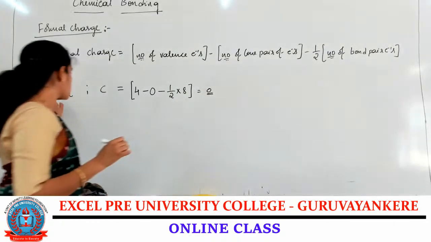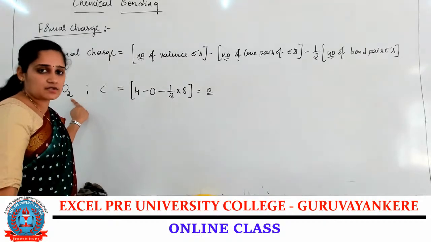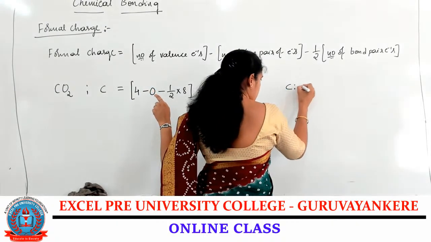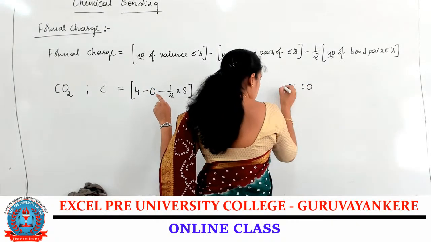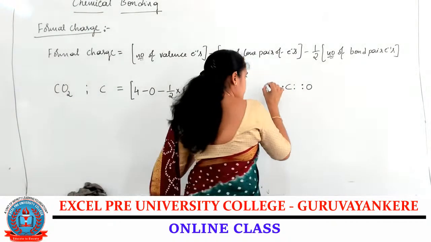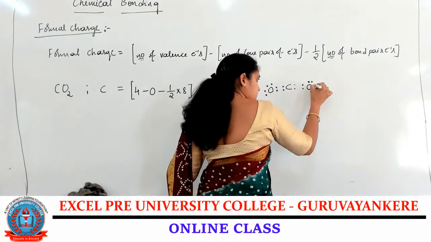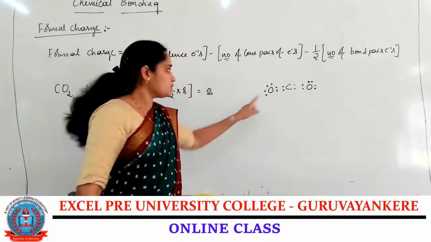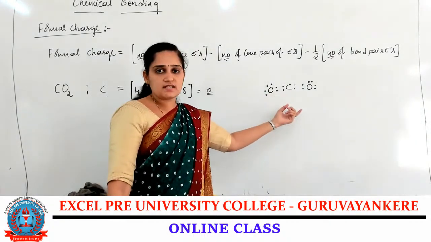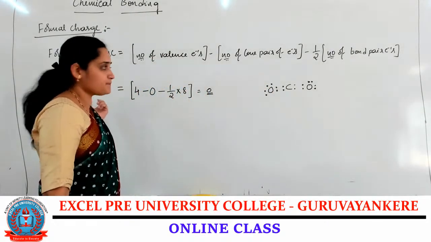See, for carbon dioxide, first you need to write the Lewis dot structure. We write the Lewis structure of CO2 like this, and on each oxygen atom there are 2 lone pairs of electrons. Using this you can calculate the formal charge. Without knowing the Lewis dot structure, you cannot calculate the formal charge.